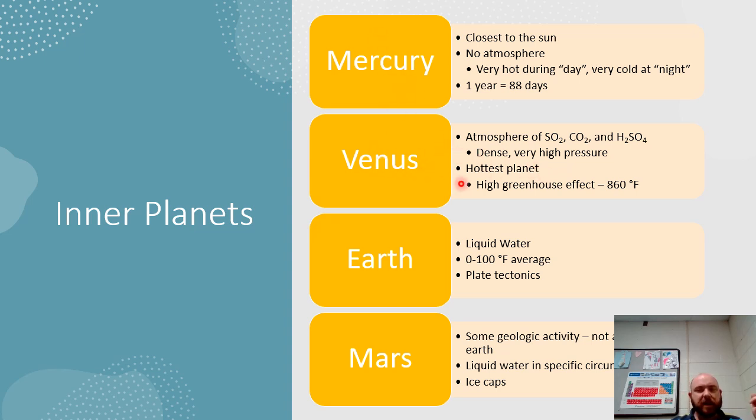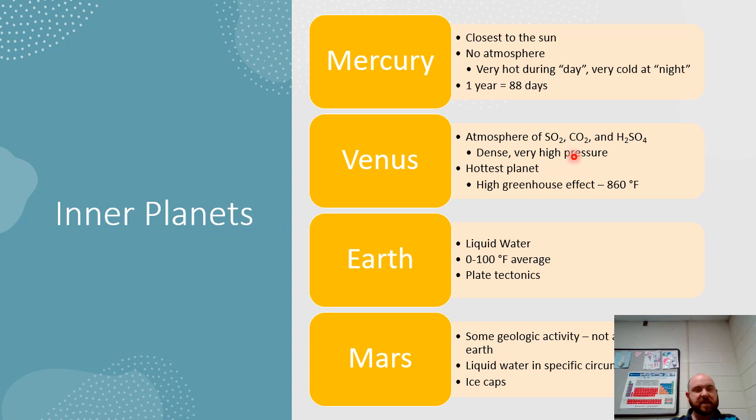And the reason for that is because Mercury doesn't have much of an atmosphere. It's too close to the sun. The sun really just boils anything away on Mercury. And so when you get to the backside of Mercury, when it's nighttime on Mercury, it gets very, very cold because there's nothing to hold that heat to the planet's surface. Venus, on the other hand, has an atmosphere of real noxious gases: sulfur dioxide, carbon dioxide, and sulfuric acid.